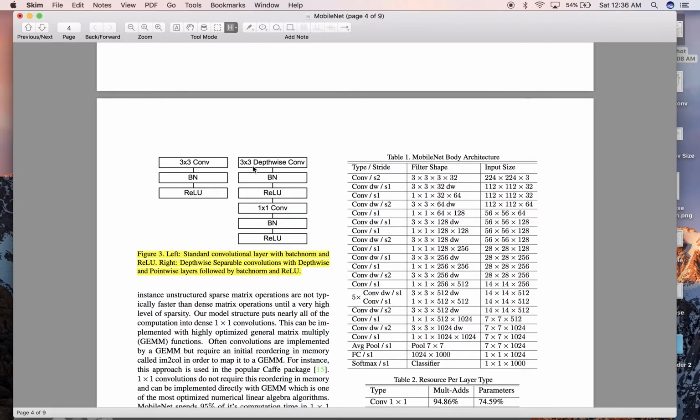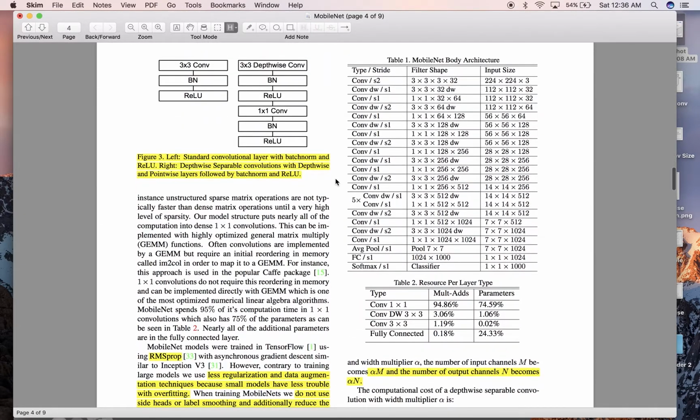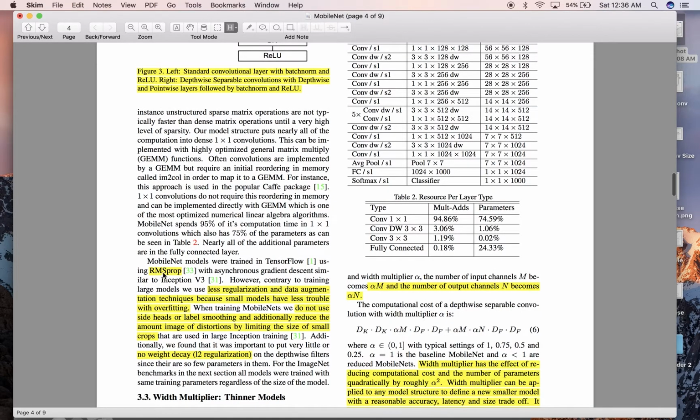Here, since you've broken it up into two parts, he uses a batch norm and ReLU even in between the parts. So he doesn't do both of them consecutively. He just does it twice. And then he makes some other style choices like RMS prop. He doesn't use data augmentation, no weight decay.